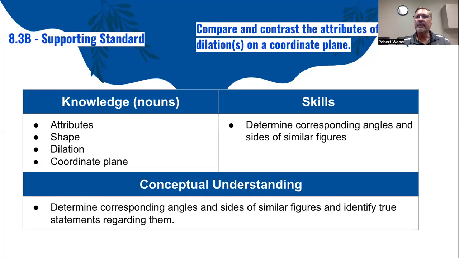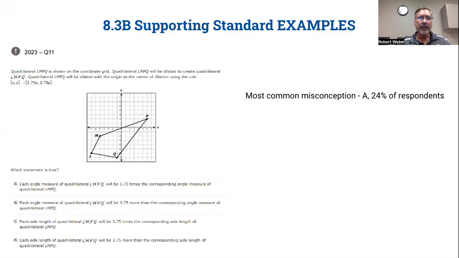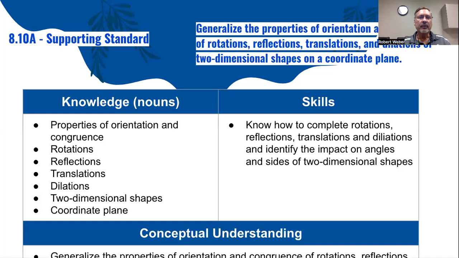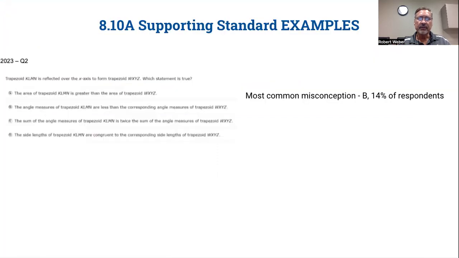8.3B is a supporting standard. It's about the attributes of shapes based on a dilation. So you're talking about corresponding angles and sides of similar figures. Here is a sample problem from 2023, and obviously a 2024 STAAR. 8.10A is a supporting standard: properties of orientation and congruence of rotations, reflections, translations, and dilations.